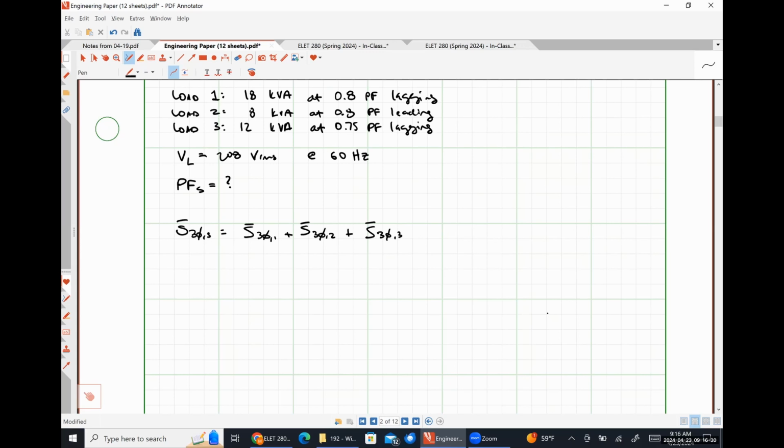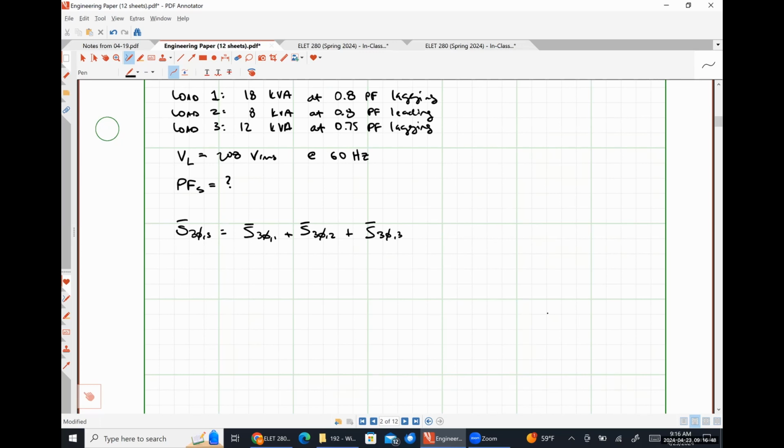Right. So if we're given a quantity in volt amperes, it's definitely apparent power. If we're given a quantity in watts, it's definitely average power. So that's going to tell us whether or not we need to divide by our power factor.